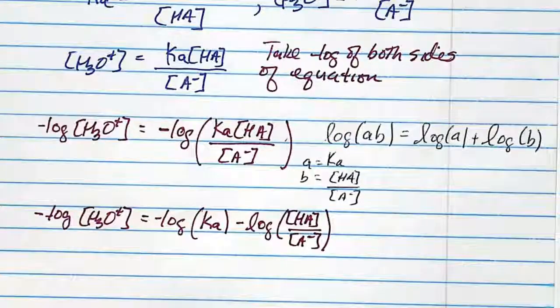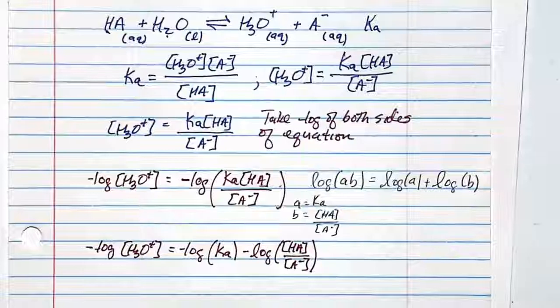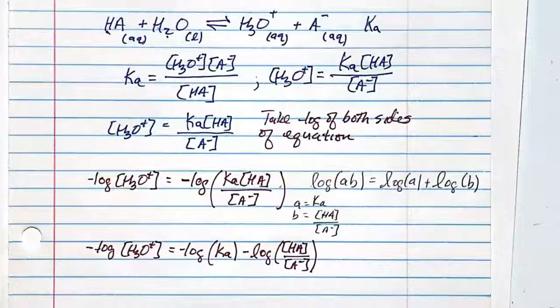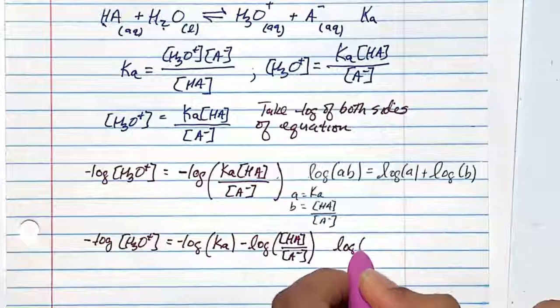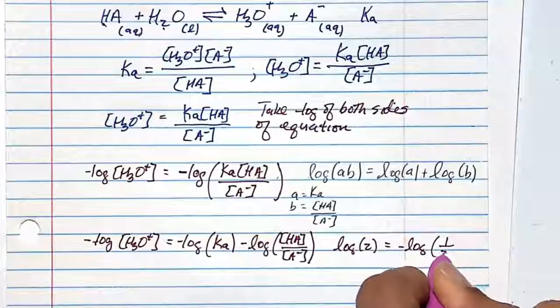One final step in the derivation of the Henderson-Hasselbalch equation involves another rule of logs. This rule implies the inverse of logs: if you take log of 2, that is nothing more than minus the log of 1/2.